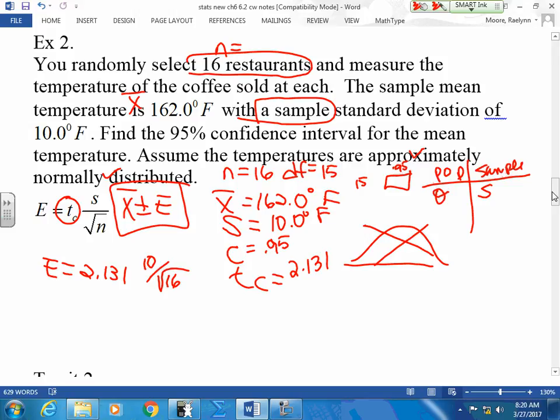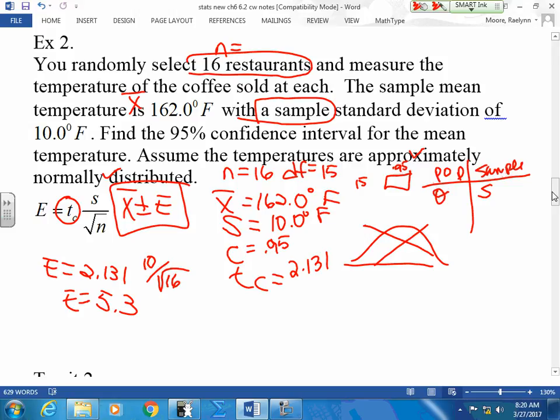All I got to do is throw that in my calculator. How many decimal places should this contain? My margin of error. How many does my mean have? 1. So break this down to 1 decimal place. Even though it's 0 in the mean, they want you to include that decimal.